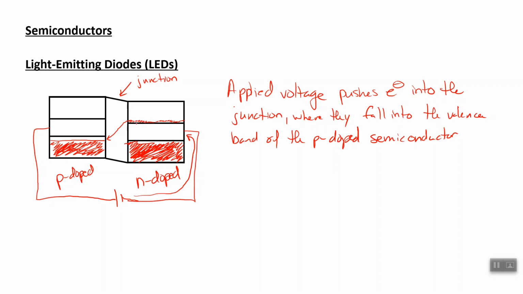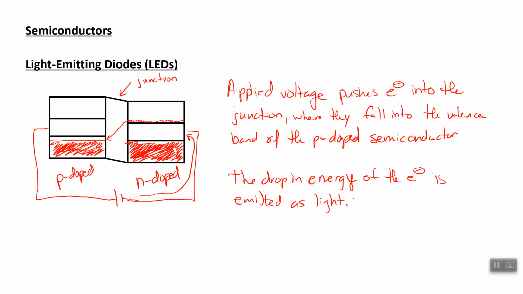This drop in energy, going from up in the conduction band to down in the valence band, the drop in energy of those electrons is emitted as light.